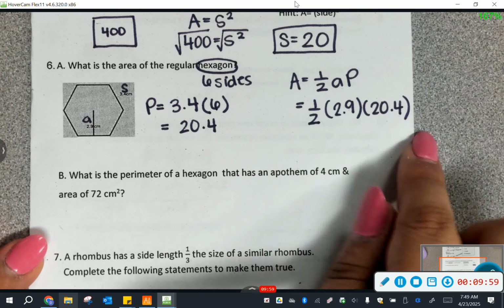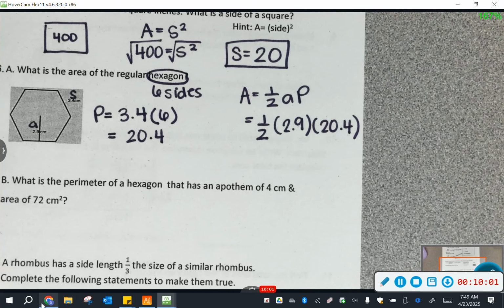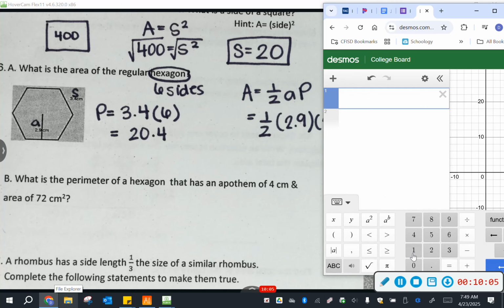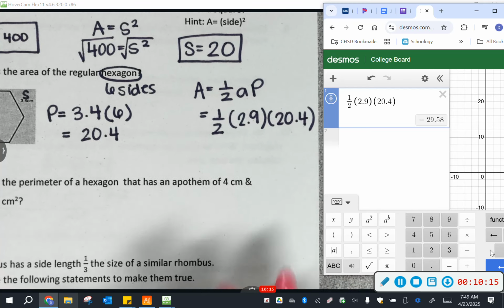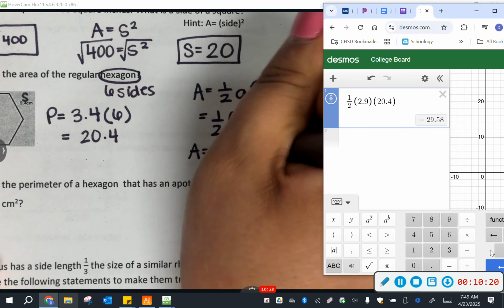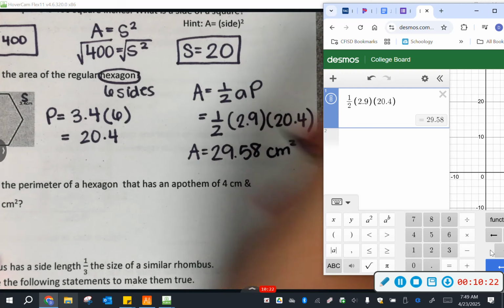And then just plug that into your calculator: 1/2 parentheses 2.9 parentheses 20.4. And you should get 29.58 centimeters squared.